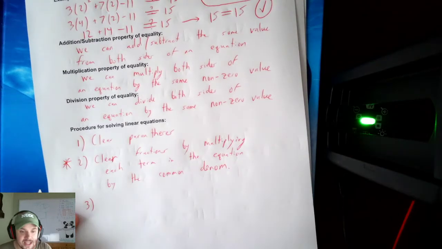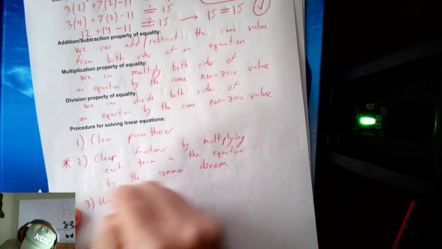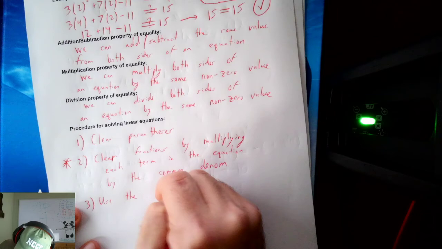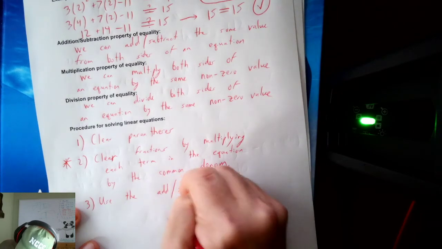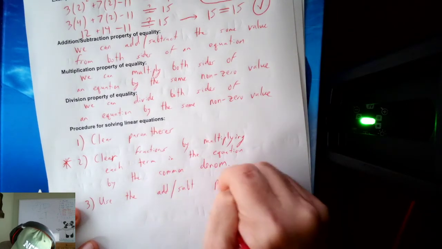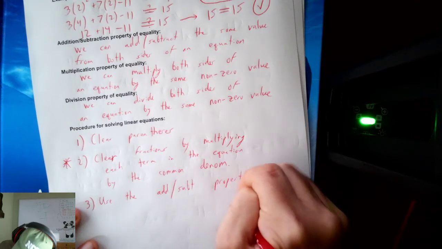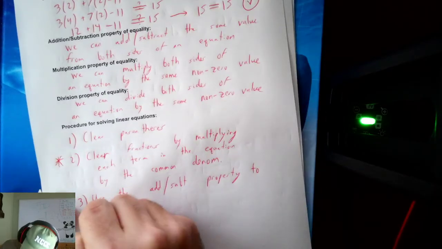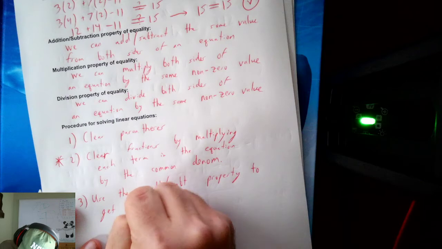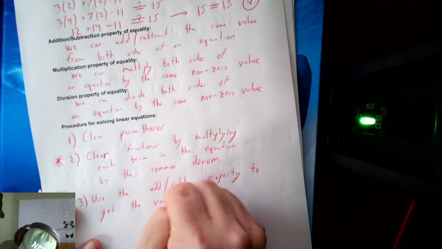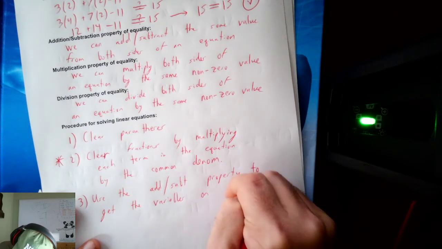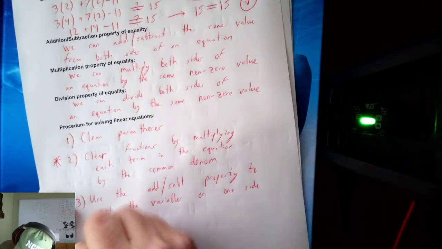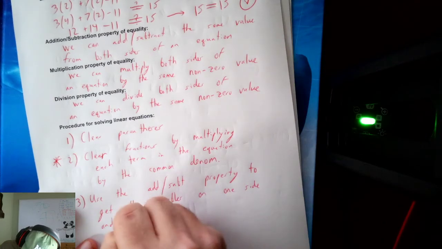For step 3, we use the add or subtract property to get the variables on one side and the constants on the other.